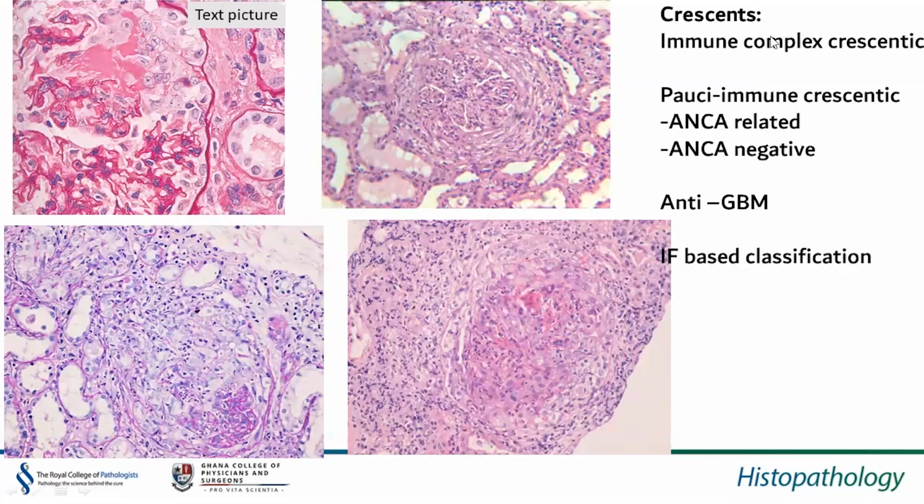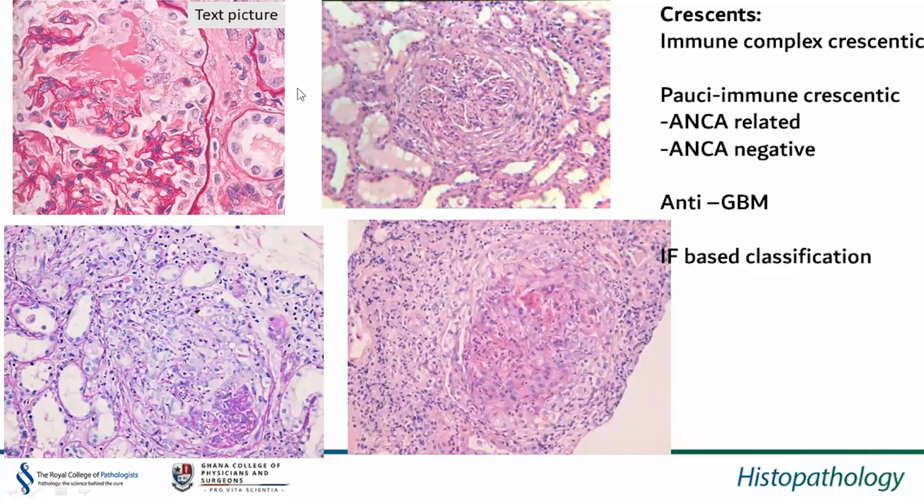So crescentic glomerulonephritis can be classified based on the pattern of immunofluorescence. If it's a granular staining, it's an immune complex type. If there's very little staining, they are pauci-immune crescentic, and these may be ANCA related. Sometimes these may be ANCA negative pauci-immune crescentic glomerulonephritis. ANCA related are either due to C-ANCA or P-ANCA, and again, that's a big topic by itself.